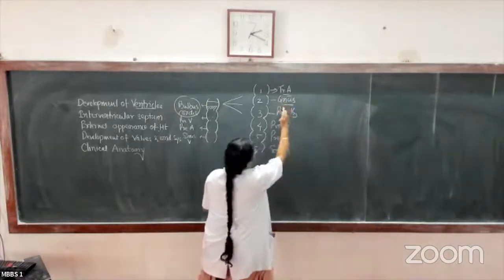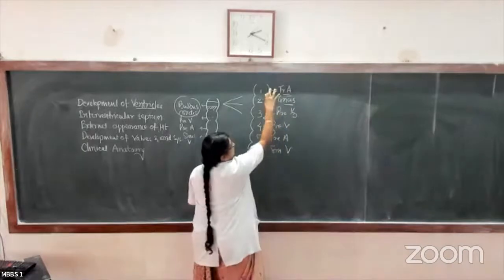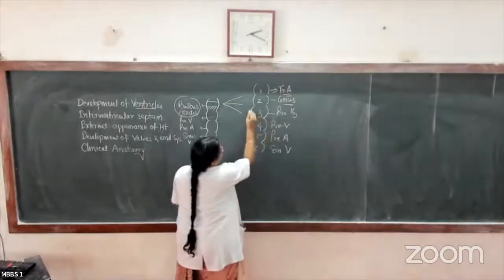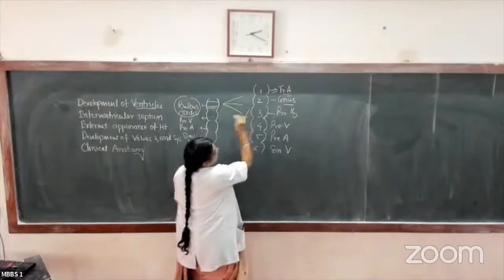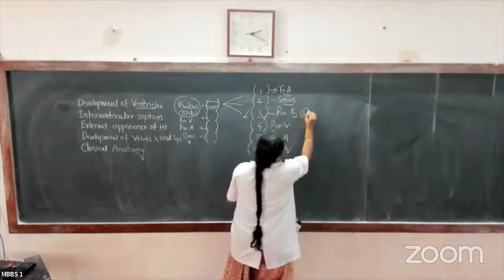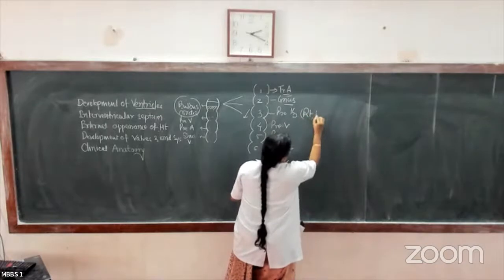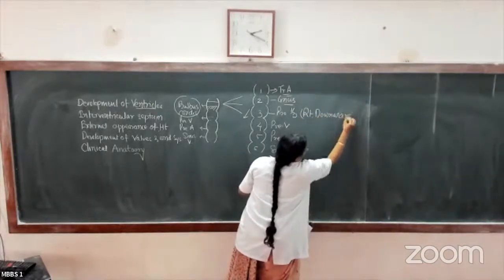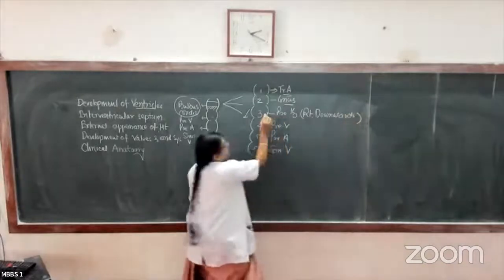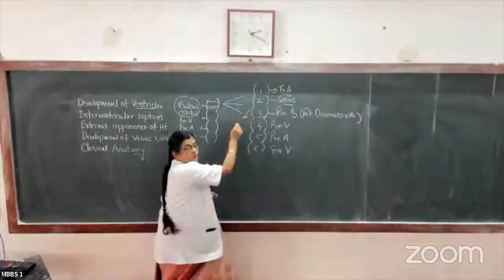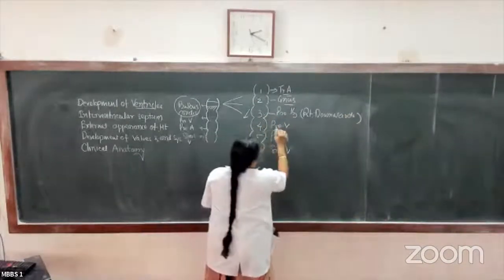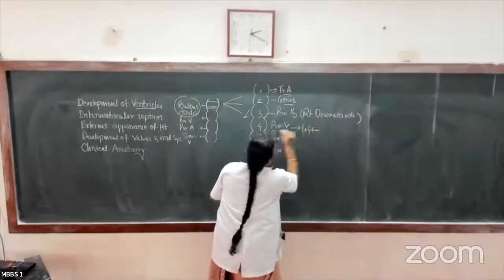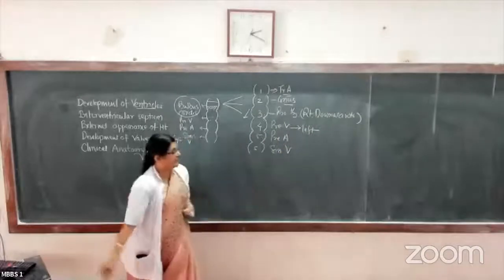Truncus arteriosus and conus are in their same position, but this proximal 1/3 moves to the right and downwards. It moves to the right as well as downwards. As this chamber is going to form mainly right ventricle, it should move to the right, and primitive ventricular chamber will move to the left because it is going to form a left ventricle.